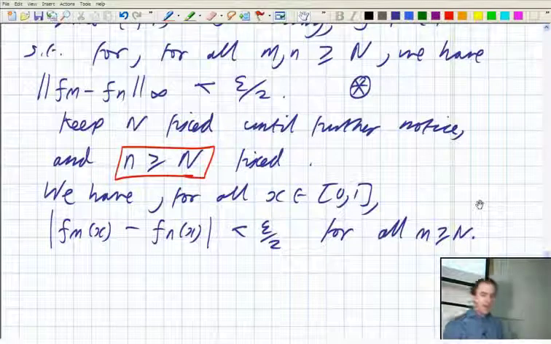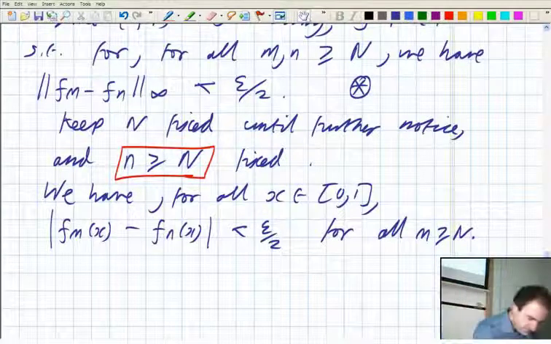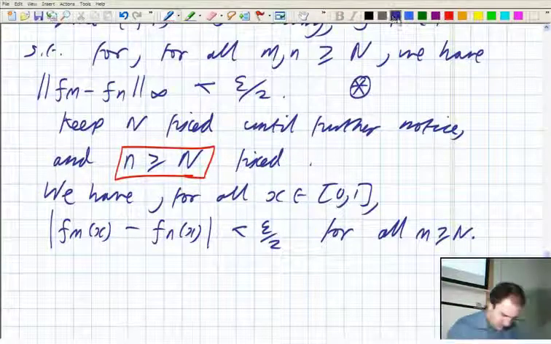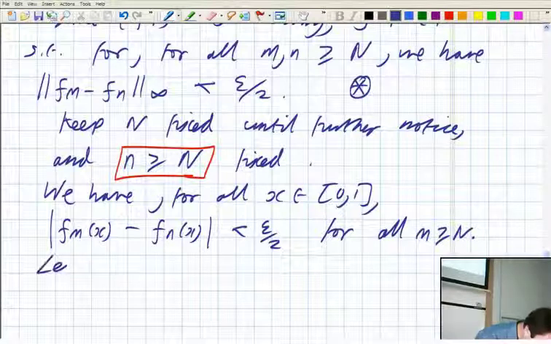And I'm going to let m vary. Let m tend to infinity here.